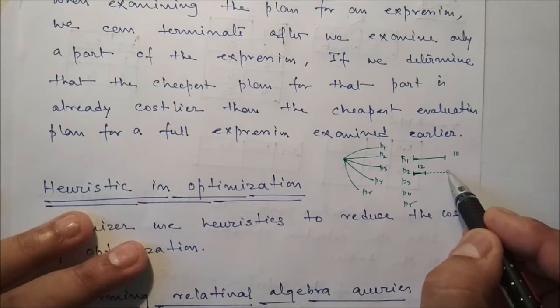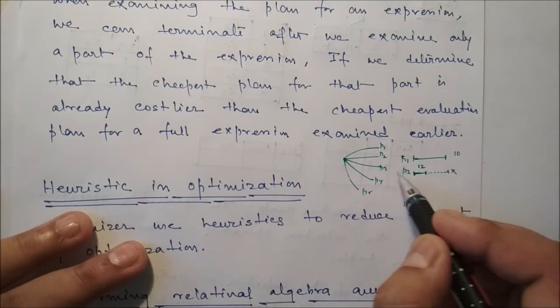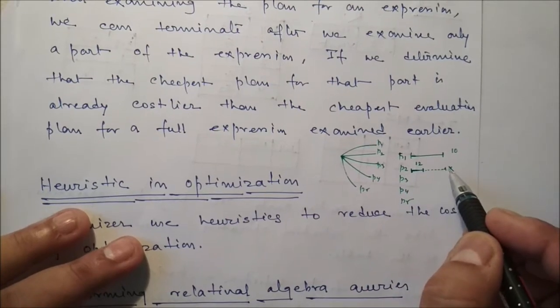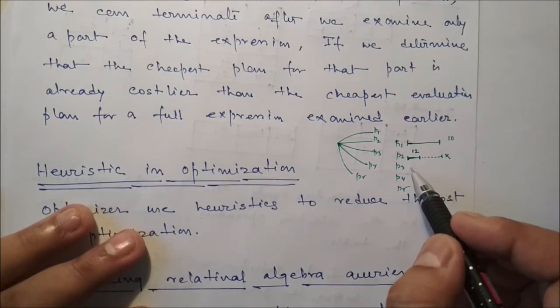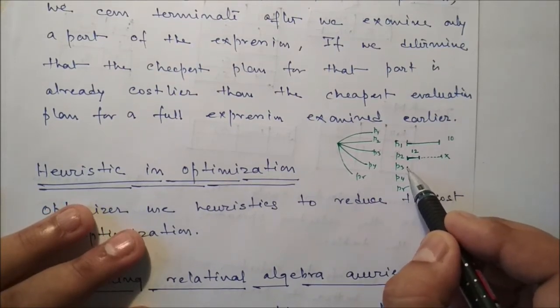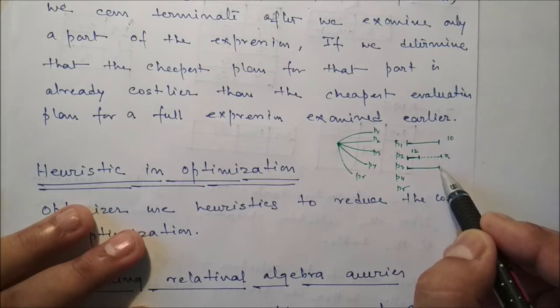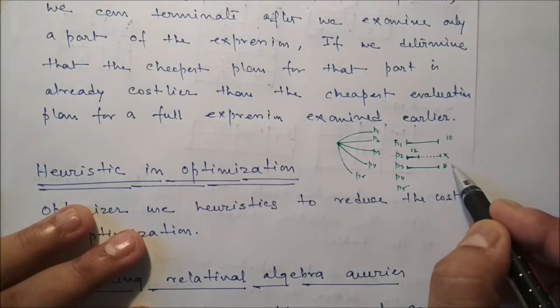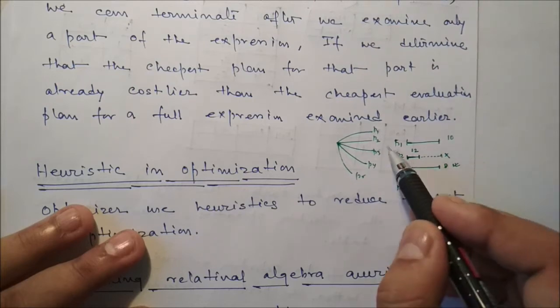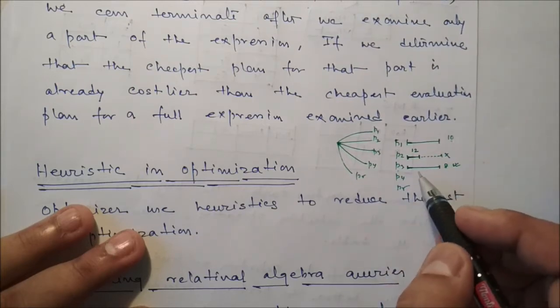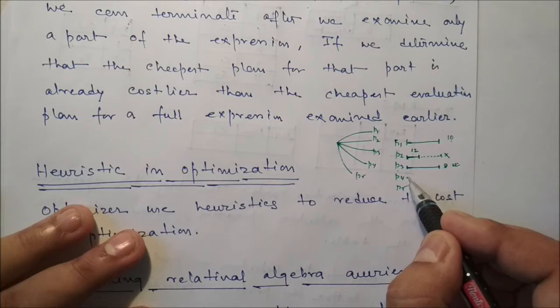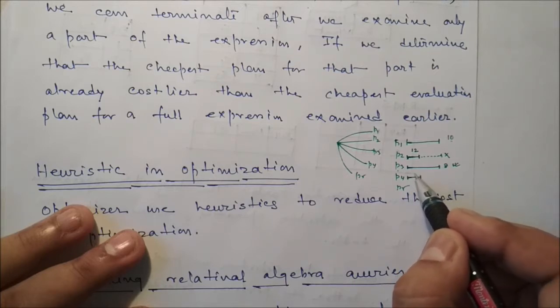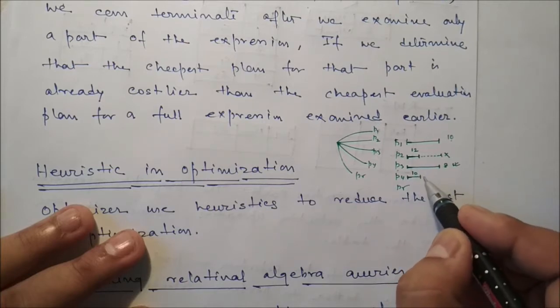If the cost is 12, obviously we should not proceed further. Are you getting this? So we can reject this particular plan. Similarly, suppose the total time required to execute this particular plan is 8. Definitely we have to retain this one, because this plan is better than P1. Now similarly, suppose to execute this particular part of P4 it needs 10, and the remaining part is there.